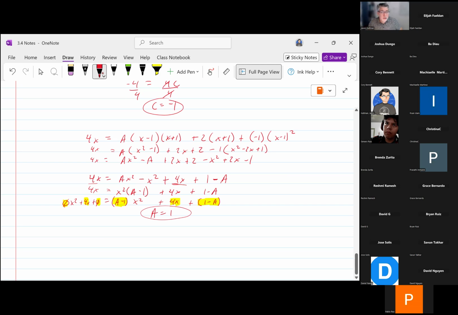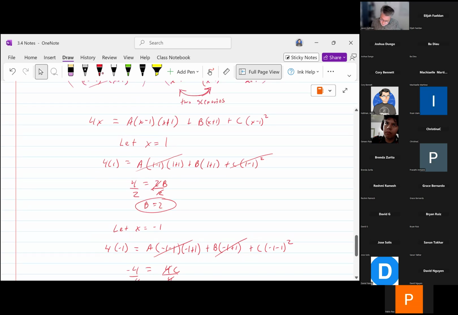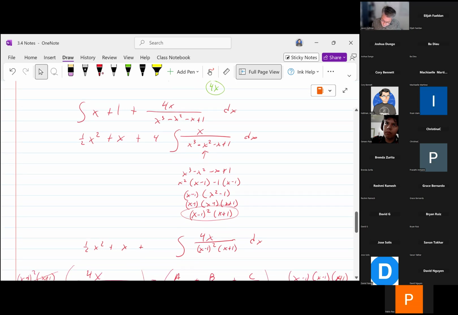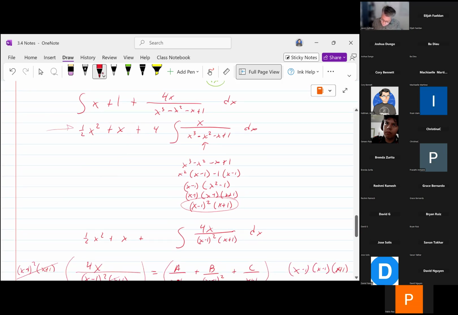Now that we've done all the algebra, basically 2 pages of algebra, we can go back and solve for our integration. The integration is actually pretty easy, comparatively. We did all of this algebra to get us back to here, where we can break this up into certain integrals.